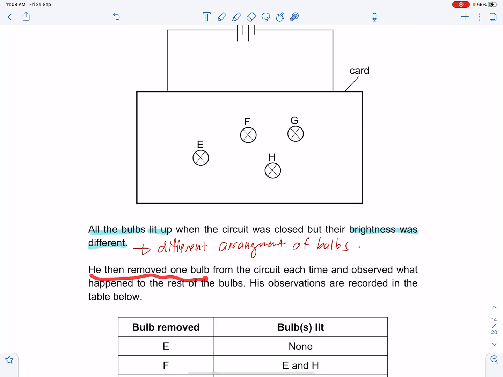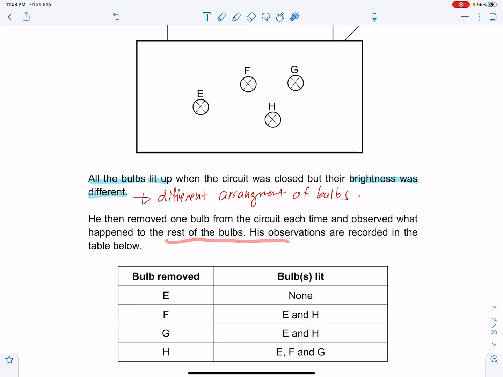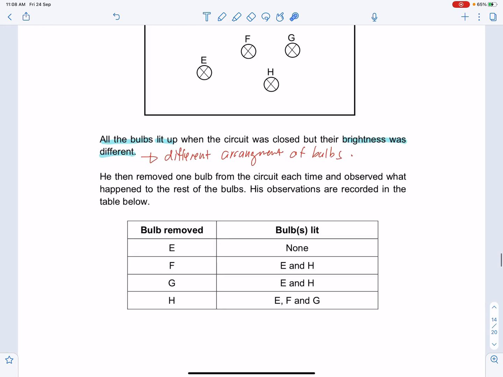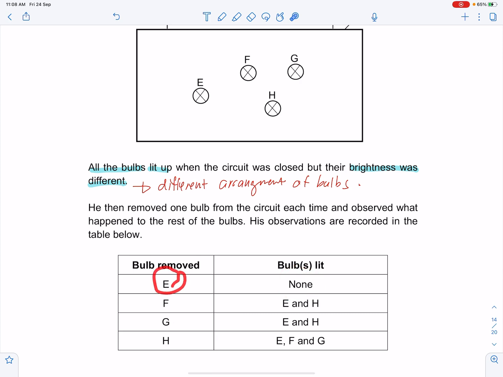He then removed one bulb from the circuit each time and observed what happened to the rest of his bulbs. His observations were recorded in the table below. So when bulb E was removed, none of them lit up. That means, very simple, bulb E must be in a common pathway.